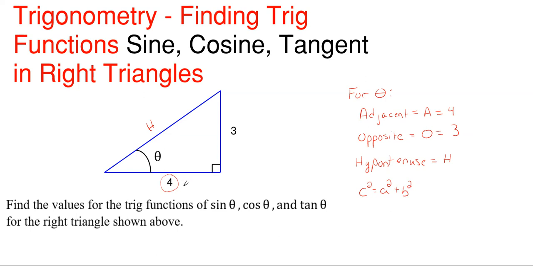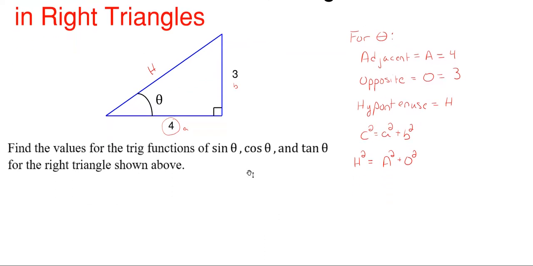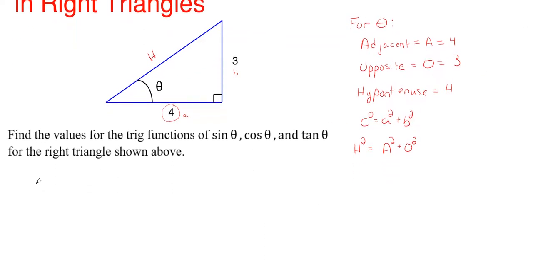Let's rearrange this and substitute in our variables of A, O, and H. So we would have our hypotenuse squared is equal to the adjacent side squared plus the opposite side squared. Essentially, to find our hypotenuse side, we would have the square root of our adjacent side squared plus our opposite side squared.